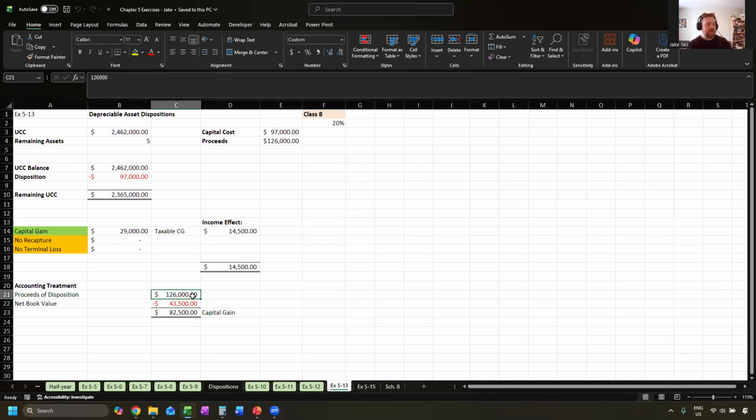We sold it for 126,000. So our financial statements will say there was a capital gain of over $80,000, 82,500. But on our tax return, our taxable capital gain is only 14,500. So when we're dealing with dispositions of depreciable property, our financial statements can differ greatly from our tax returns.